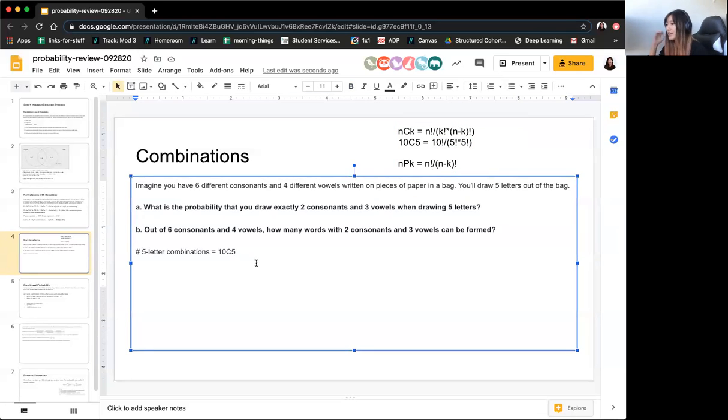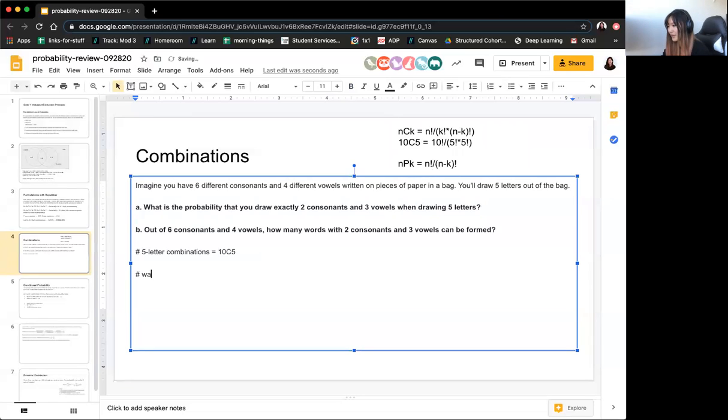All right, so this is our denominator. Now we need to look for the number of ways to draw exactly 2 consonants and 3 vowels. Let's do them separately. First, let's look for the number of ways to choose 2 consonants out of 6 consonants.